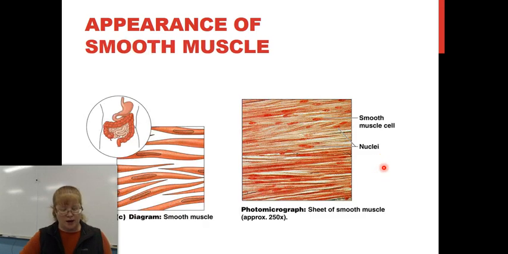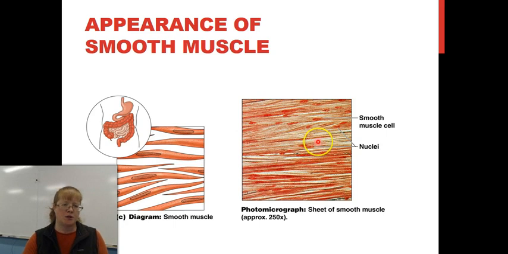And then we have our smooth muscle tissue sample here. And our smooth muscle cells are also long, kind of narrow cells, but they come to a point at either end, so they have that spindle shape. We also don't see striations in smooth muscle, whereas we see striations in the other two types, skeletal muscle and cardiac muscle. The other thing is they have one nucleus per cell, so single nucleate.